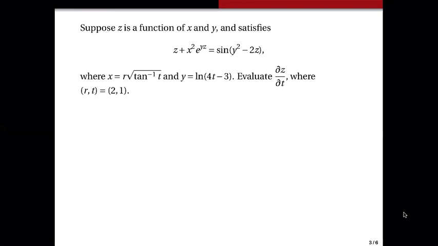Okay, so we know that z is a function of x and y, okay? And then what we can do here is to rewrite this as z plus x squared e to the yz minus sine of y squared minus 2z. And then, of course, this is equal to 0.